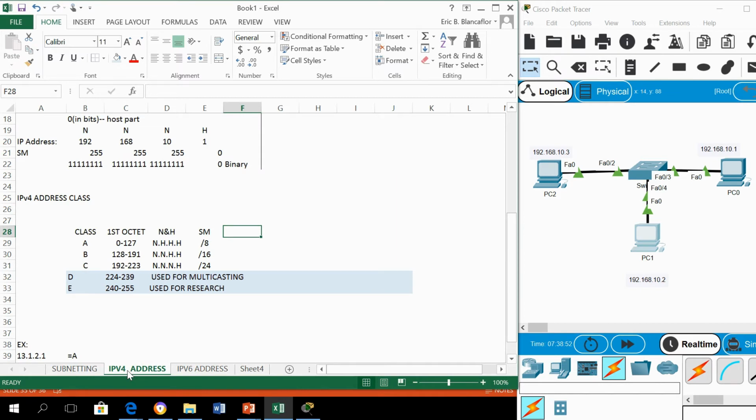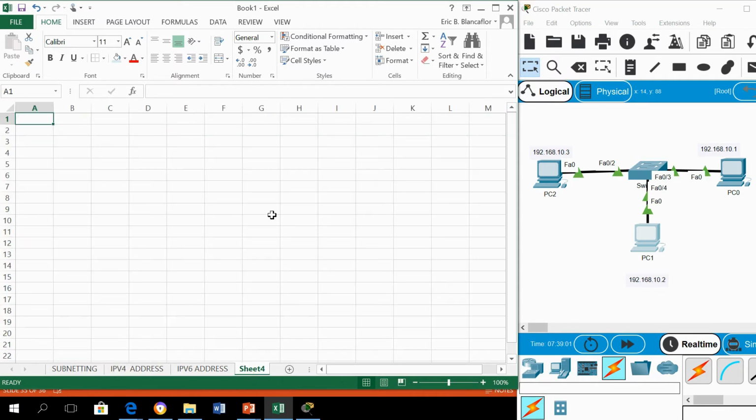Okay, next. Let's look at the sequence of the IP version 4 address. For example, let's say I have an IP address of 192.168.10.0. So again, what class is this?